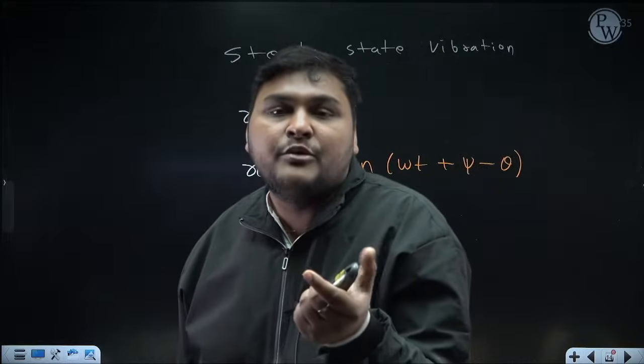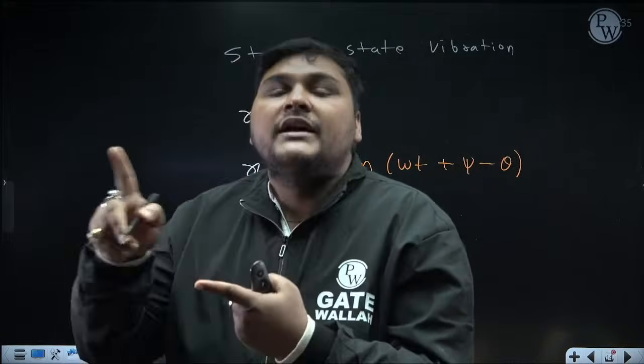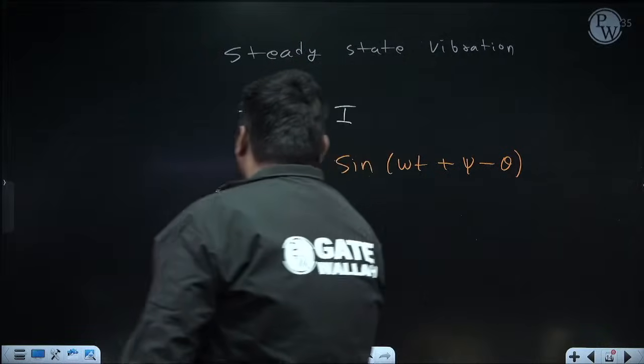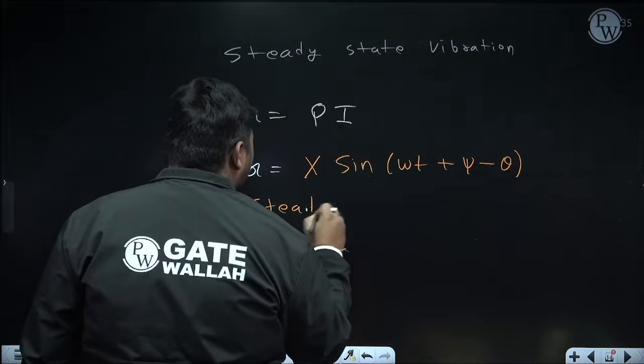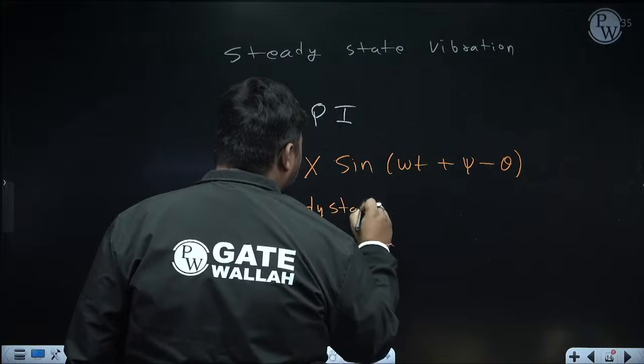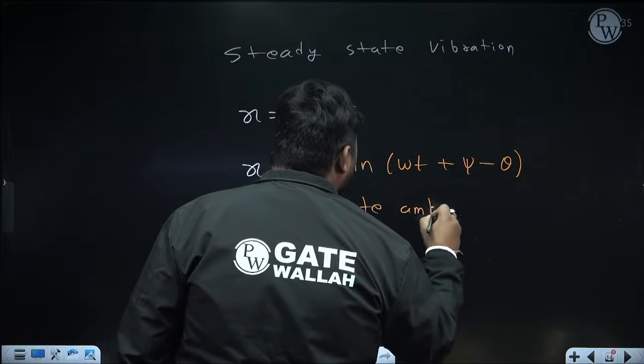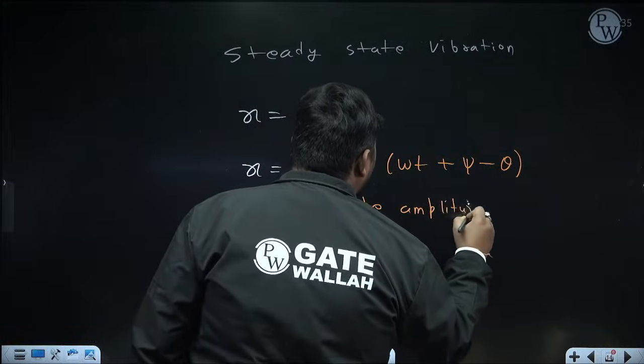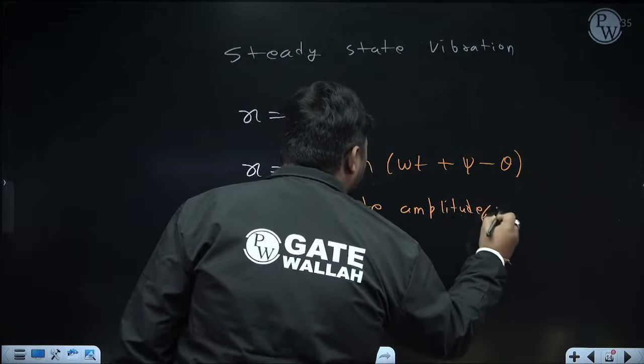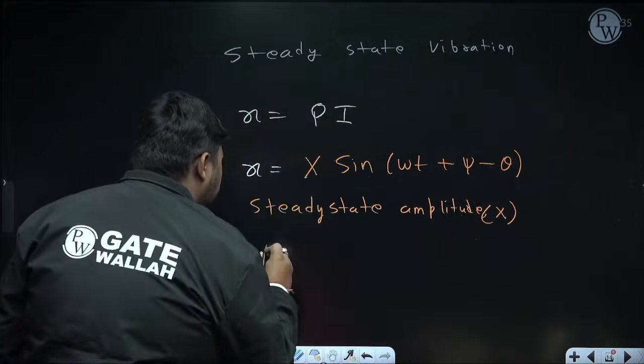Steady state amplitude means amplitude of steady state vibration. So if the examiner says calculate the amplitude of steady state vibration, we have to calculate steady state amplitude, capital X.